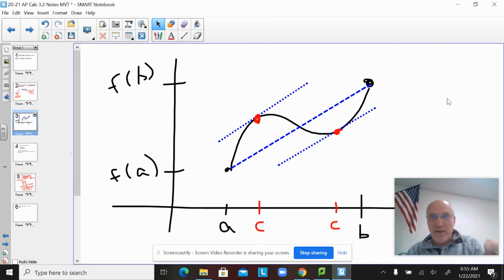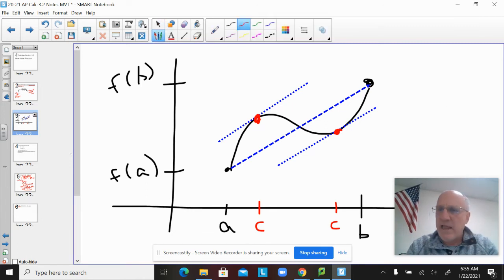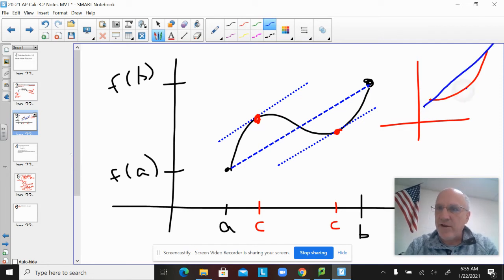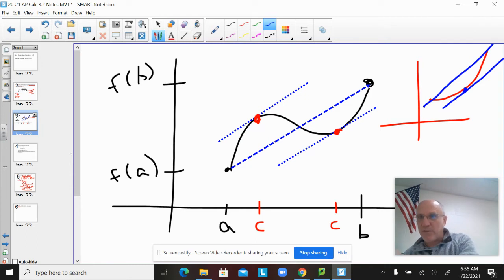In this particular picture, there happen to be two of those, as indicated by the two other dotted lines. There wouldn't have to be two. If I drew a function where my tangent line was parallel to that blue line, there'd be one point where the slope of the tangent is parallel to the slope of the secant.